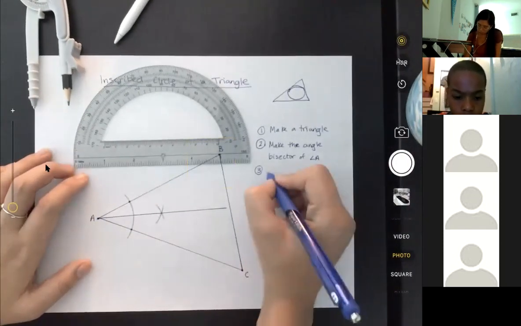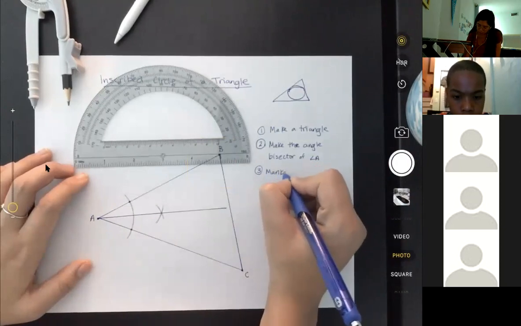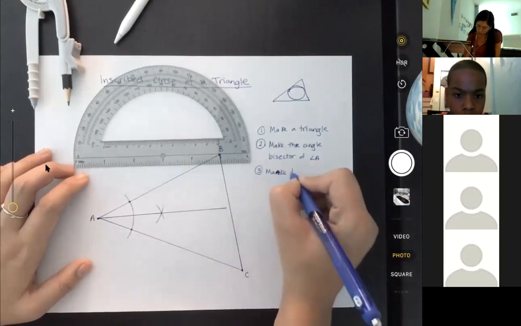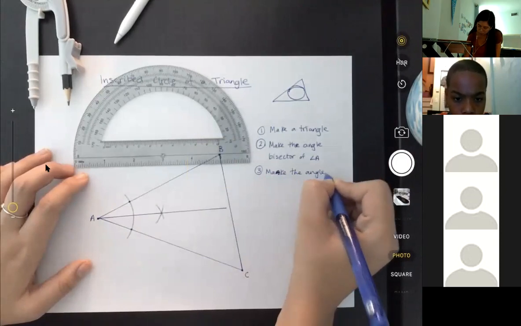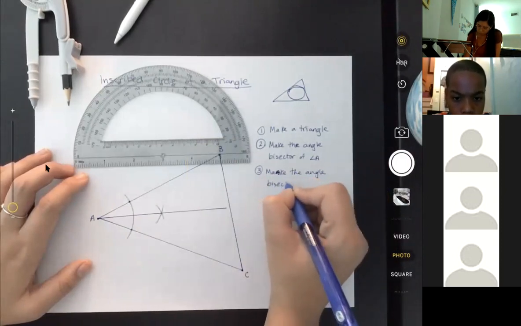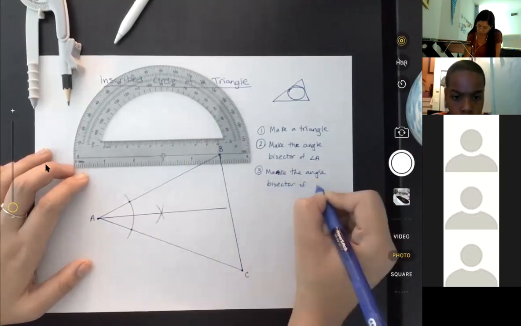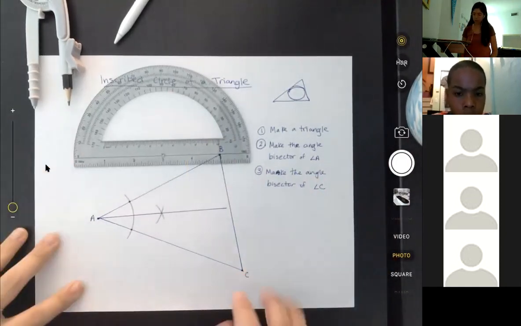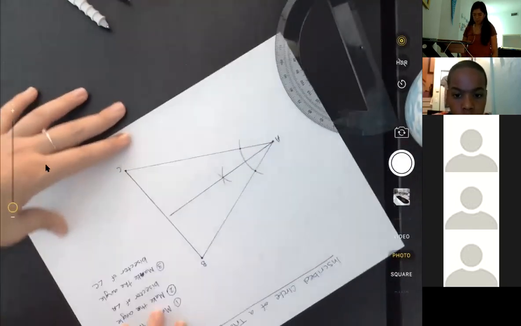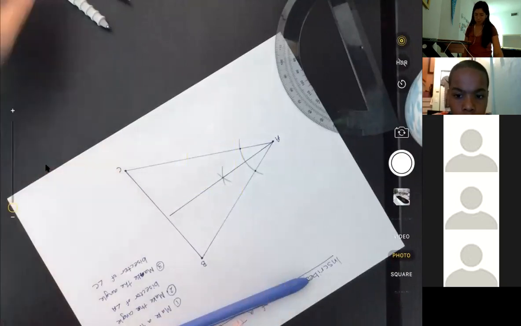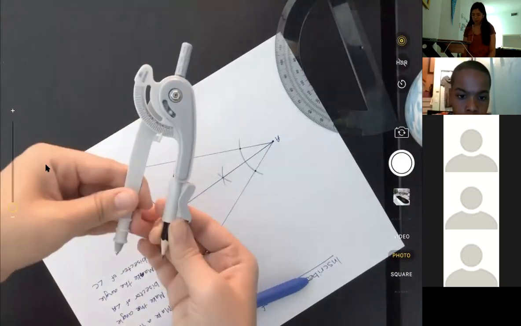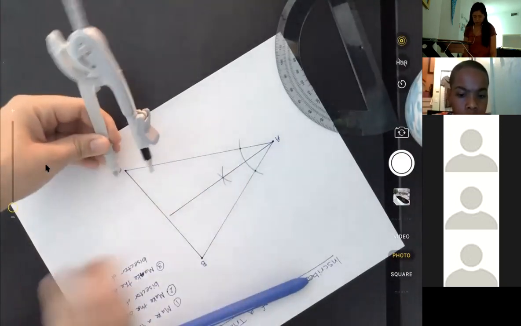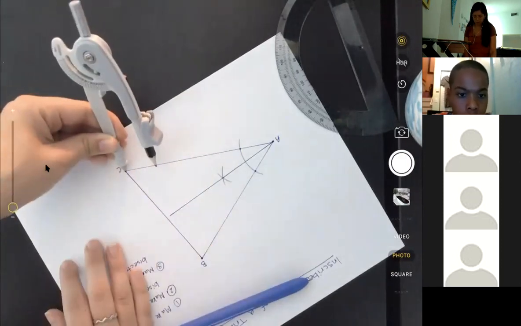Now I'm gonna do the same thing. Make the angle bisector, but this time with angle C. So I'm gonna make an angle bisector again, but this time using angle C. So I'm gonna flip this around just so I have it there in front of me. And I'll do the same thing. I'm not gonna make this too wide. I'm going to draw an arc.